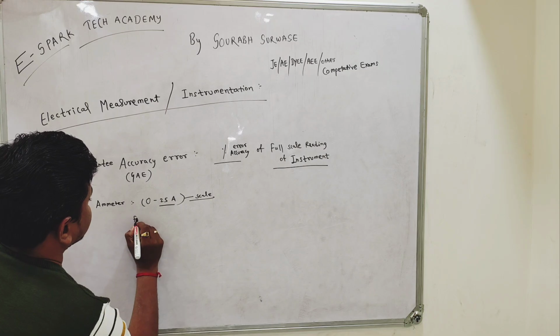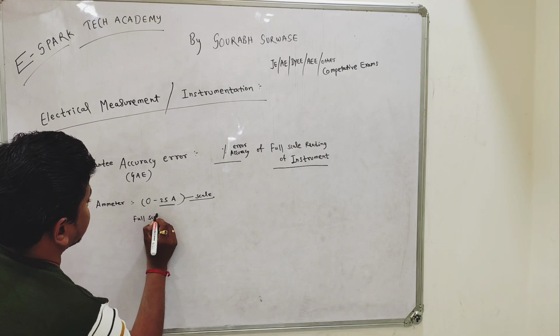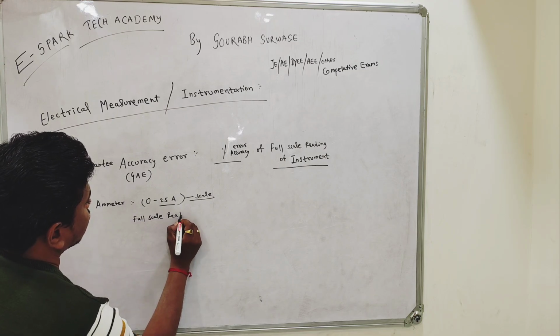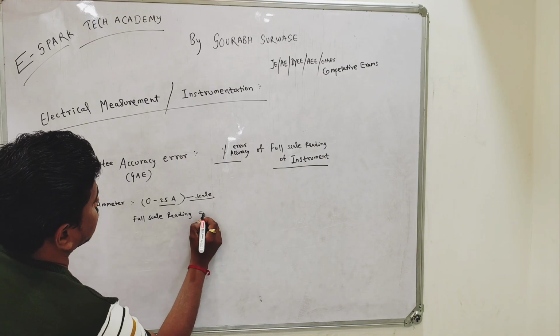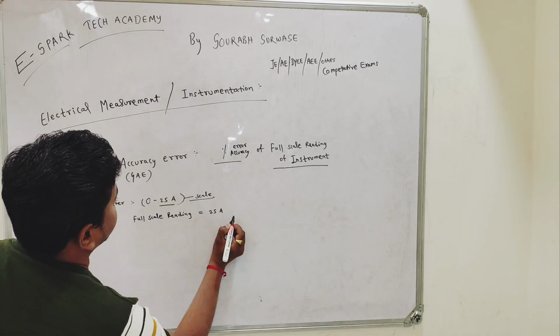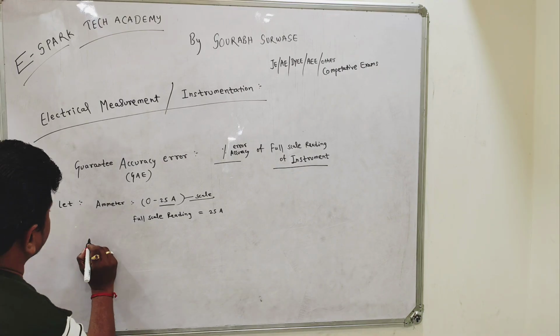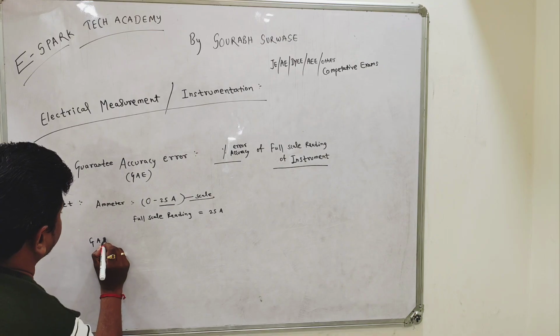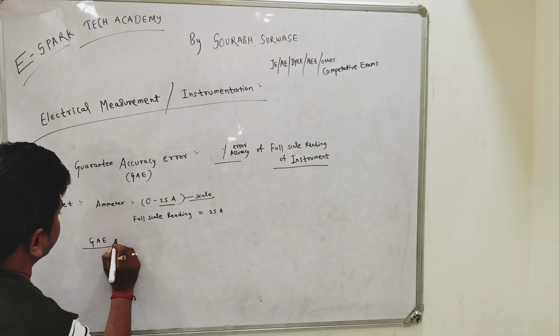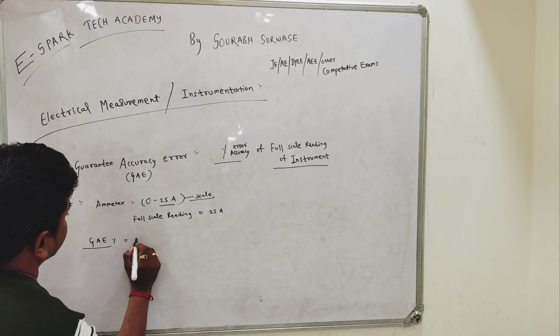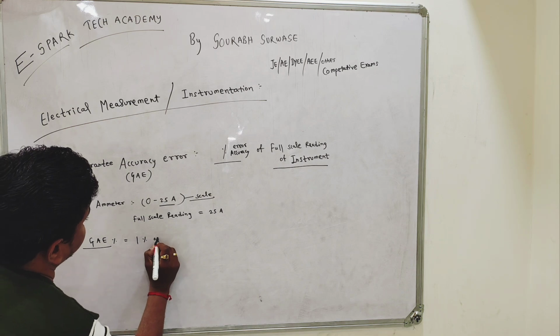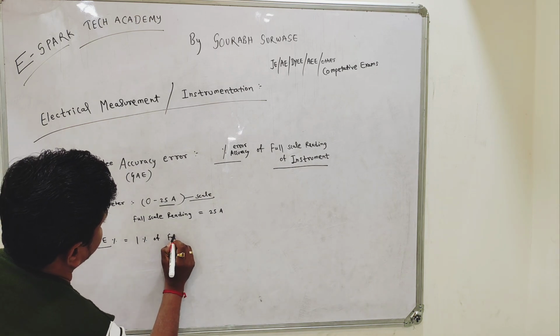Here the full scale reading in this problem will be 25 amperes, and they will give some percentage accuracy, that is, guaranteed accuracy error of 1% of full scale.